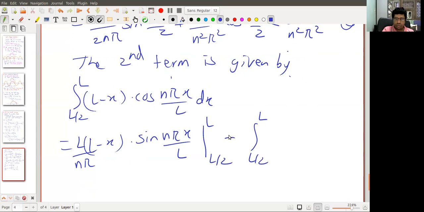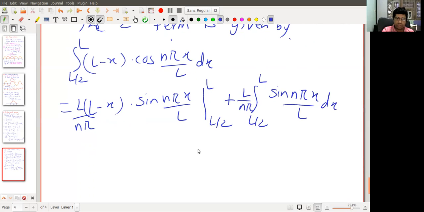So this will be plus into sine n pi x by L multiplied by L upon n pi dx. This is equal to, okay, now if we put the upper limit x equal to L, then this will be 0. If we put the lower limit, then this is L minus L by 2, that is L by 2.